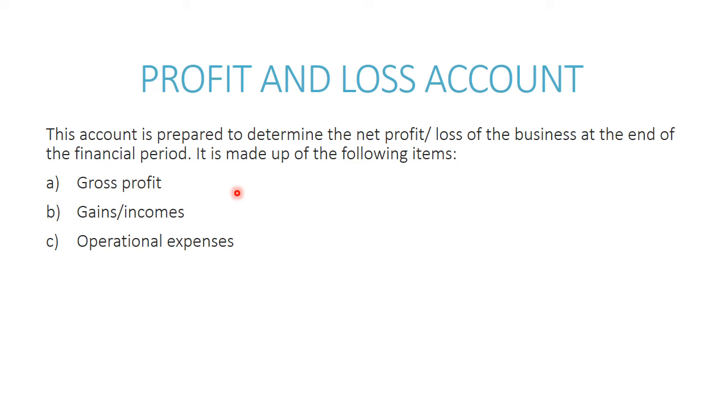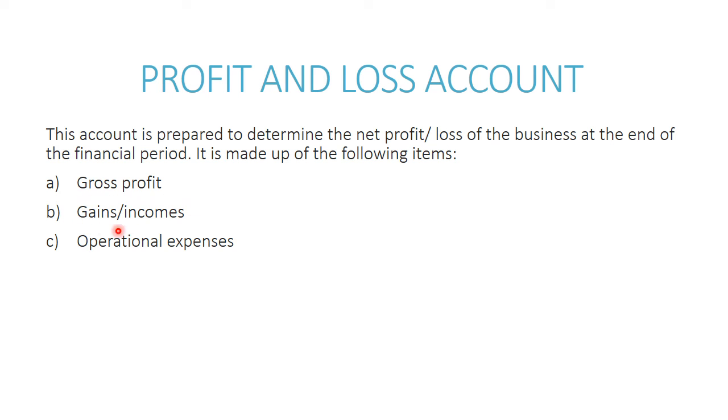That's what we call gross profit. But if in the process you discover that the cost of sales is more than the sales revenues, then you have a gross loss. Here we are specifically talking about the gross profit.